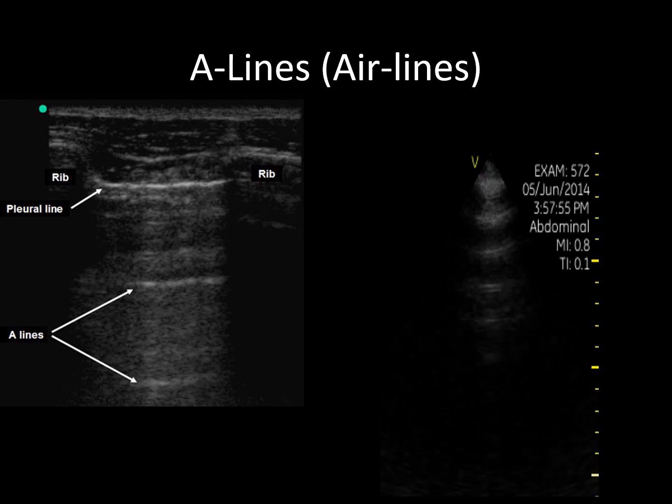The beam bounces off the pleural line and returns to the probe. It is absorbed and creates a line at a certain distance. If the beam bounces back and forth twice before it is absorbed, the course takes twice as long, and the machine interprets this as a structure that is twice as deep. A-lines signify air deep to the pleural line. This can be normally aerated lung or a pneumothorax.